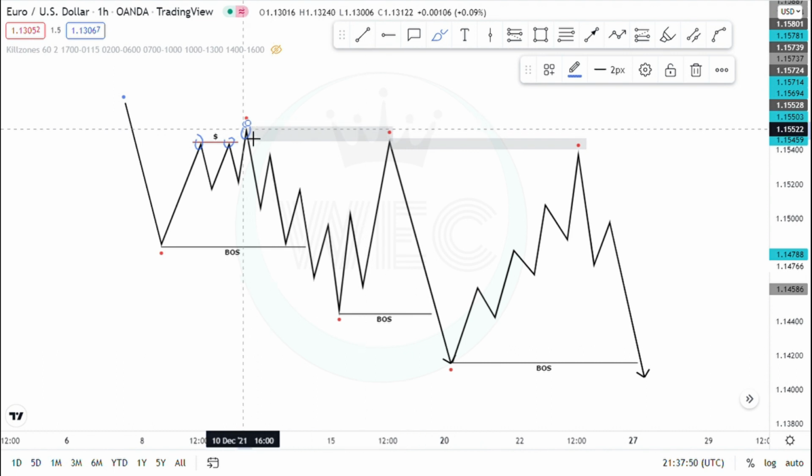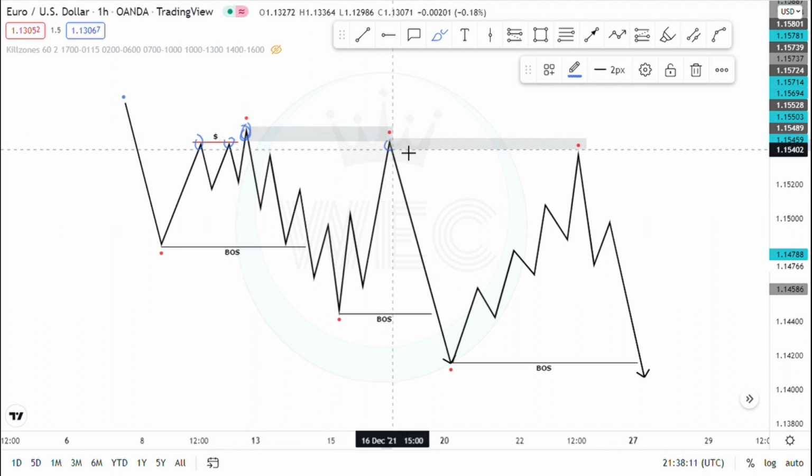To put it in short form, when the market is making bearish swings, every lower high is protected liquidity or major liquidity. So in this scenario, this point here is protected liquidity. This point here is also a protected liquidity or a major liquidity.